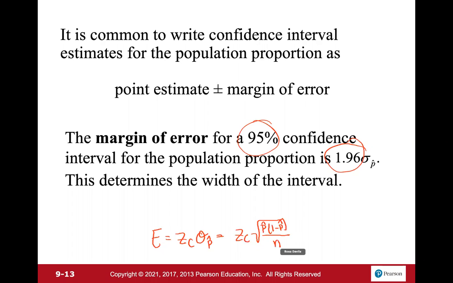So this is our margin of error. That's how much we're going to add and subtract to our point estimate to come up with our confidence interval.